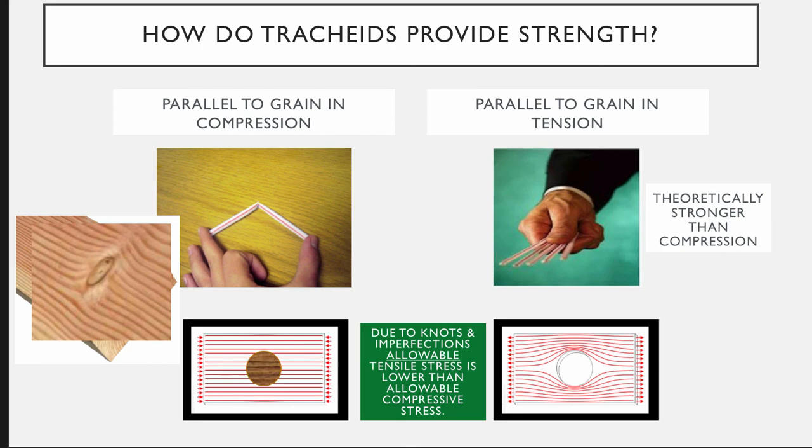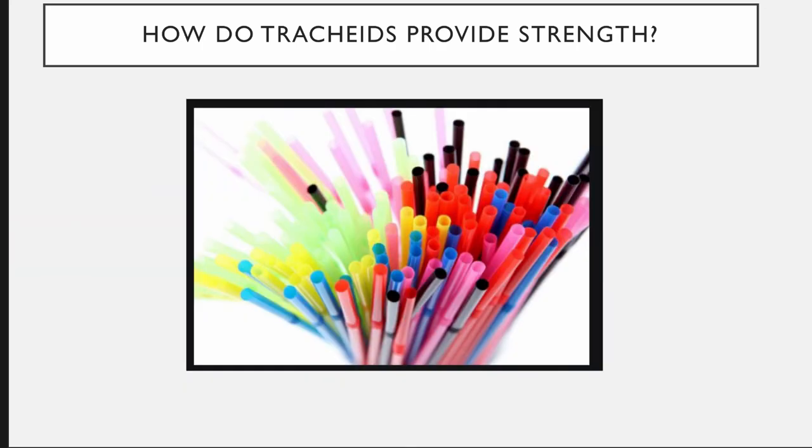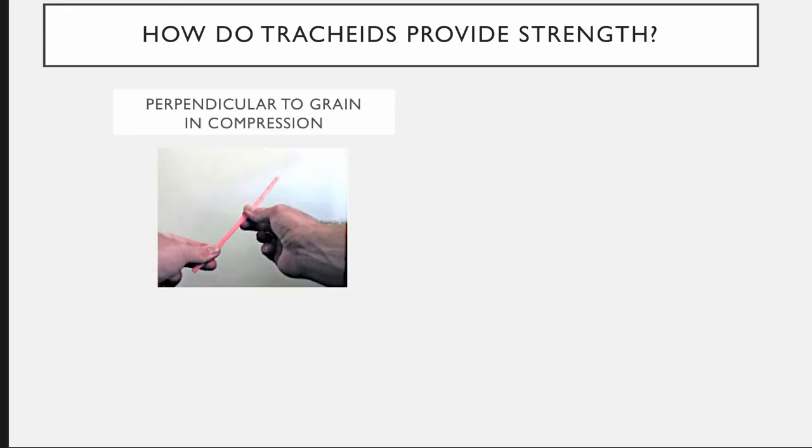What about perpendicular to grain? We said the strengths don't match. So how do the tracheids provide strength perpendicular to grain? Well, if you just think about going sideways on one of those straws, basically it's like pinching the straw. We're just compressing the cell walls, and it fails by crushing of the tracheid side walls.